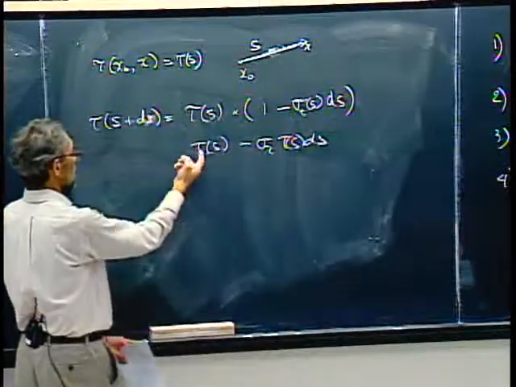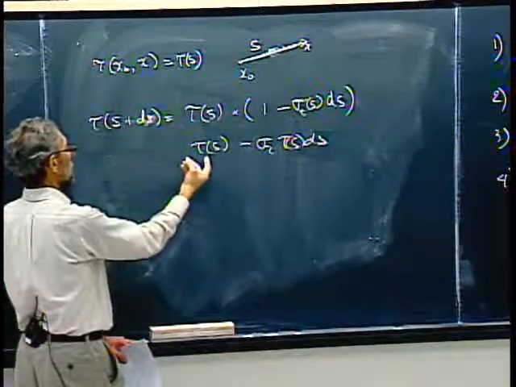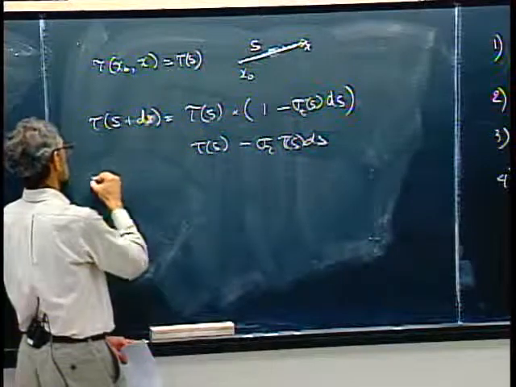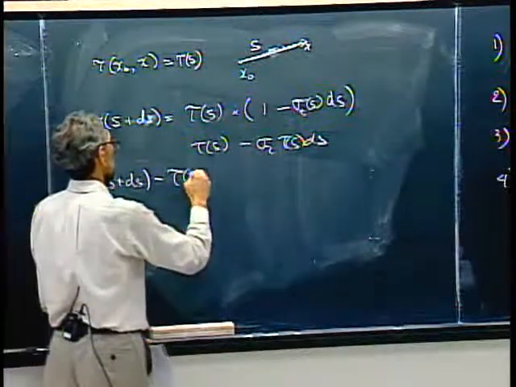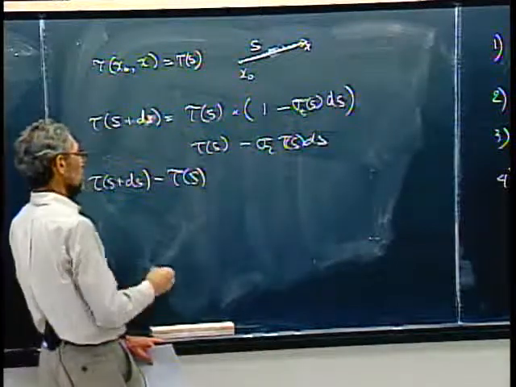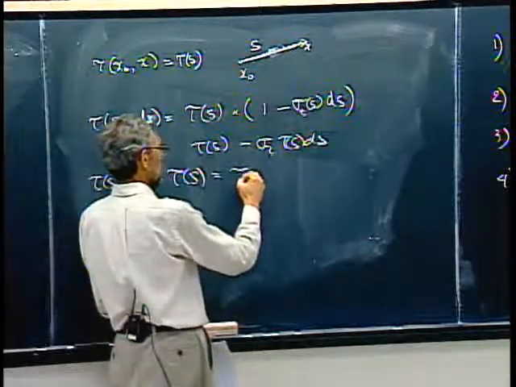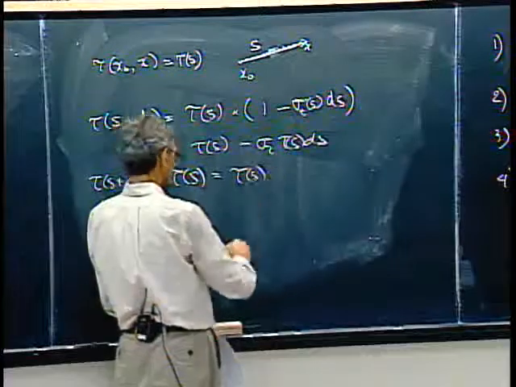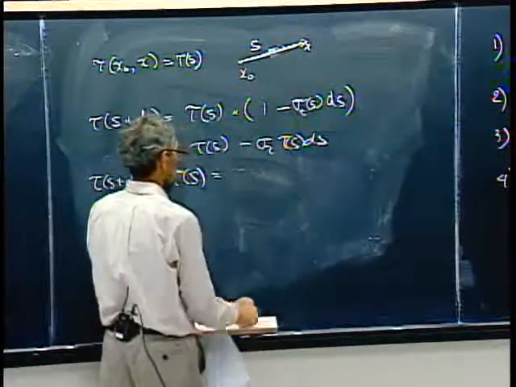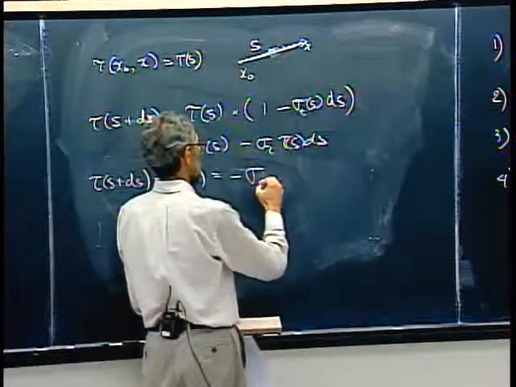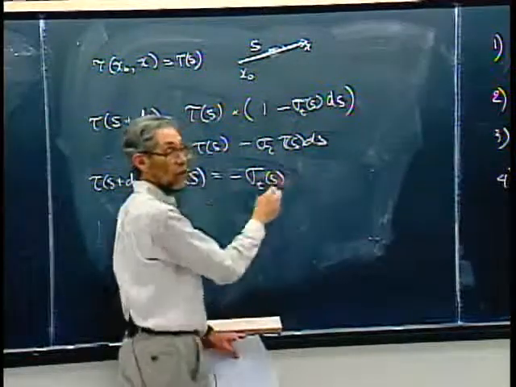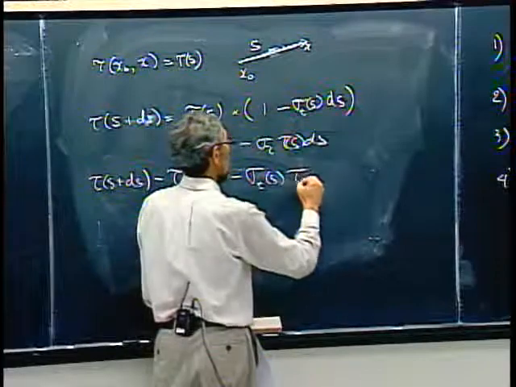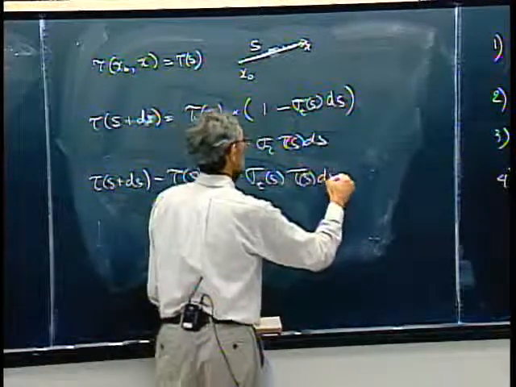And then we can subtract this from both sides: tau of s plus ds minus tau of s. That's the actual amount that was absorbed, is minus sigma t, and that could depend on s also, if it wasn't constant smoke density, times tau of s ds.